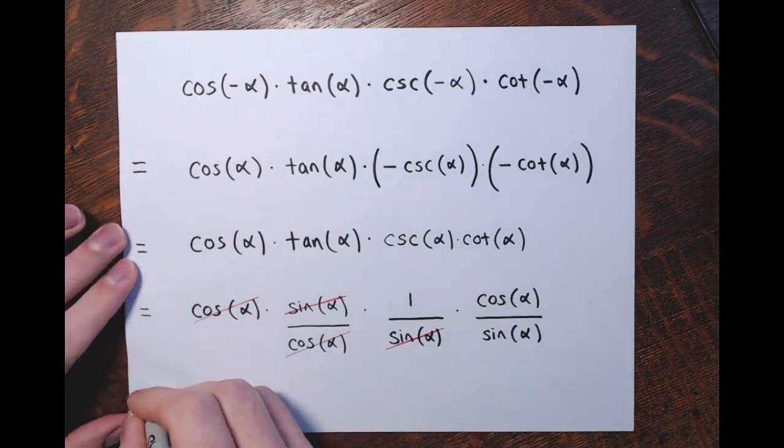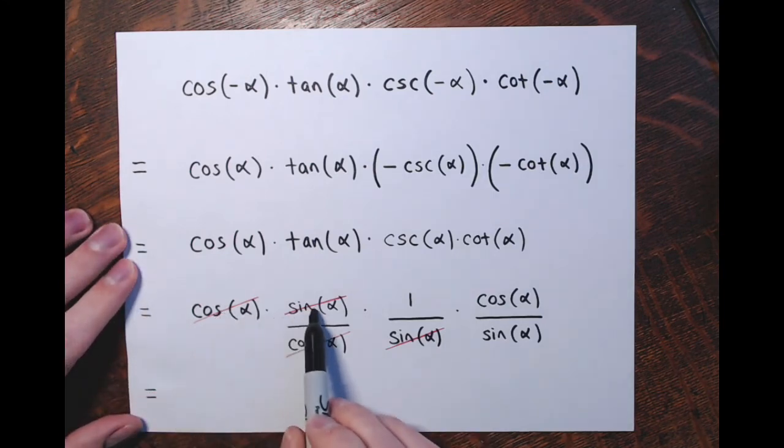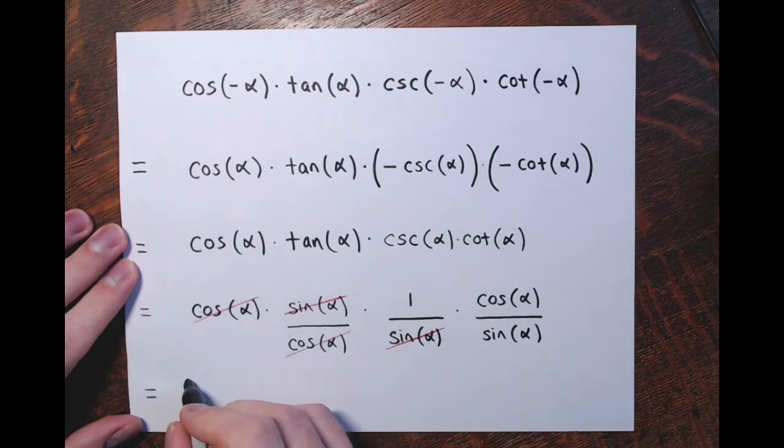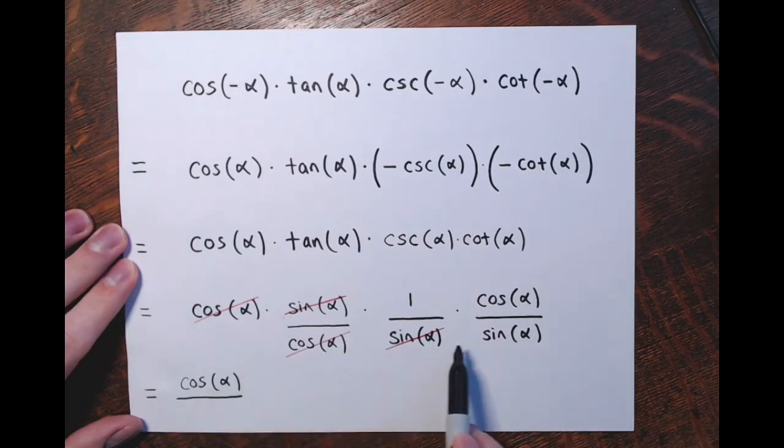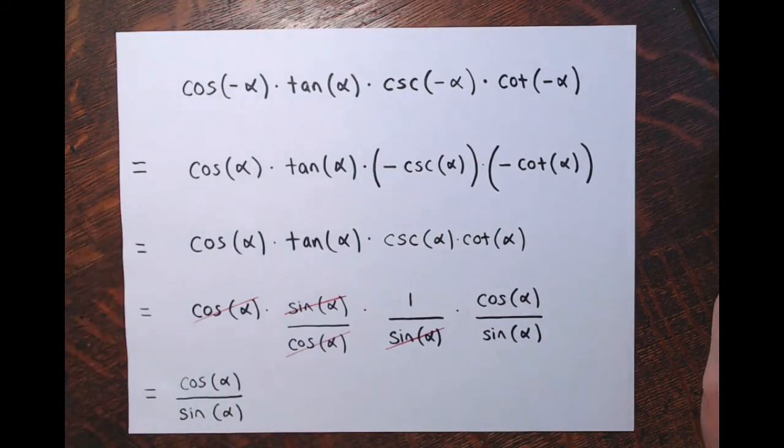So then what am I left with? 1 times 1 times 1 times cosine alpha. Right, so I have cosine alpha left in the numerator. And then in the denominator, 1 times 1 times 1 times sine alpha. So I'm left with cosine alpha over sine alpha.